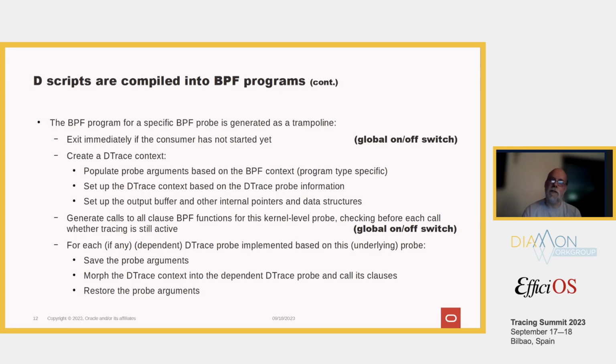So we rewrite the context, then call the clauses that are in my script for that particular probe, and then restore the context back to its original state, because there might be multiple dependent probes and they all are implemented based on the assumption that they're the only one. So that's how that all works out.